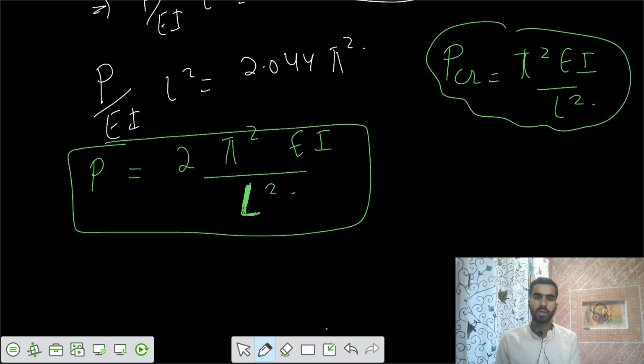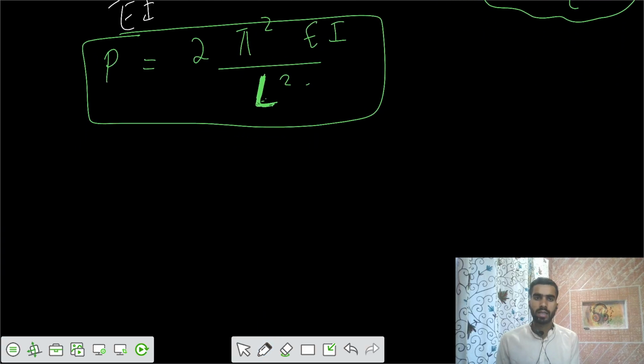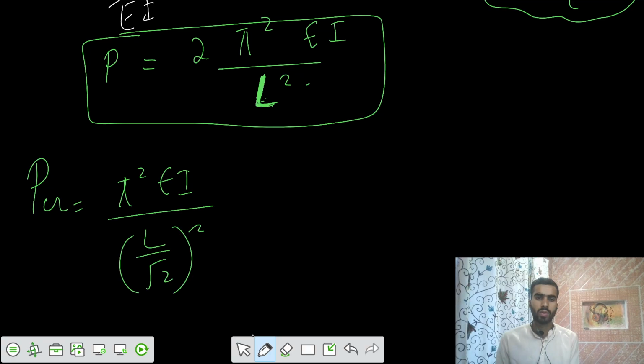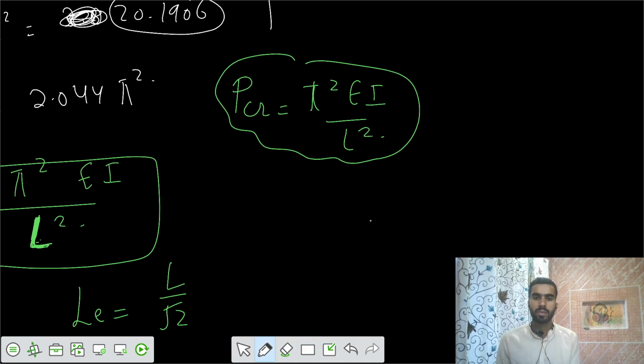So I would write P equals pi square EI by L by root 2 square, such that effective length is equal to L by root 2. So that's the general equation of Euler's critical load, in terms of L effective.